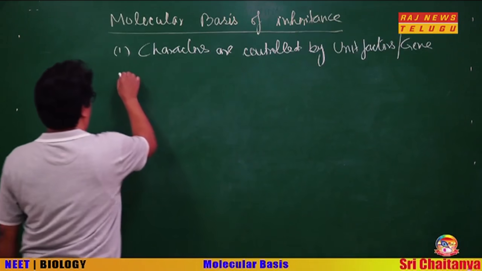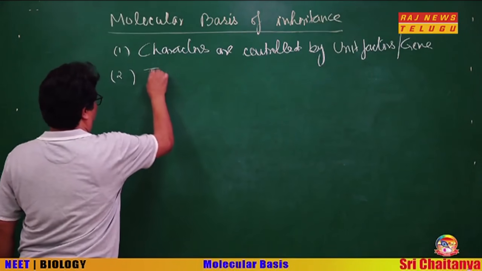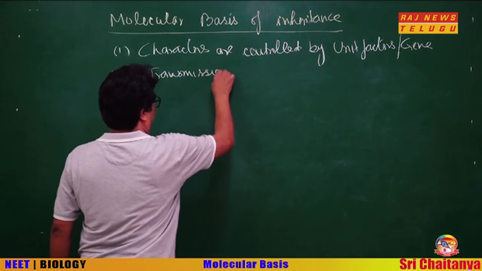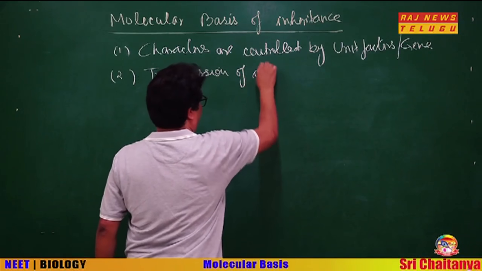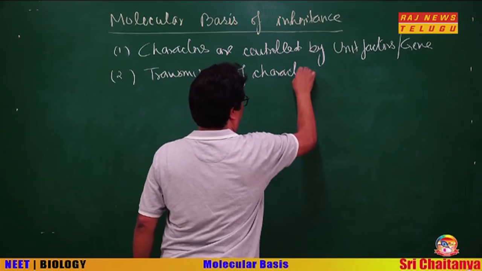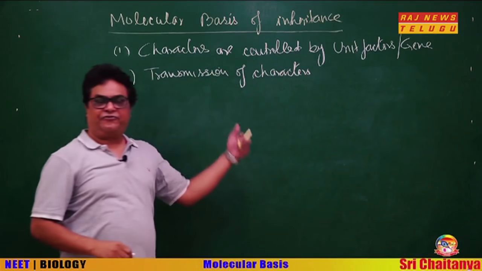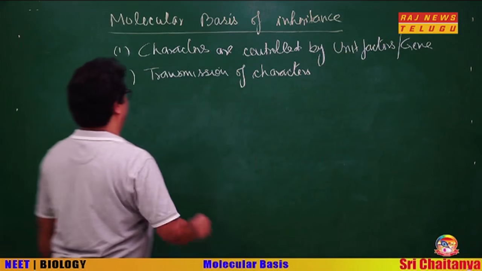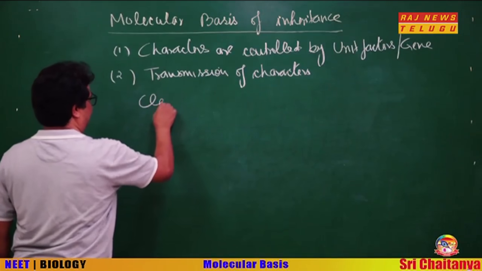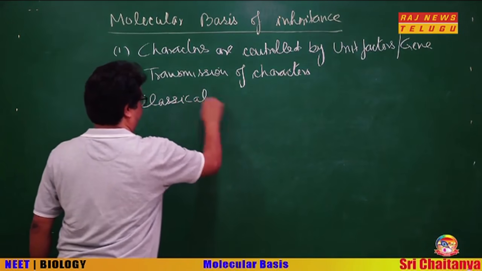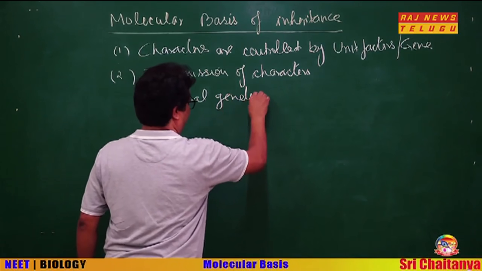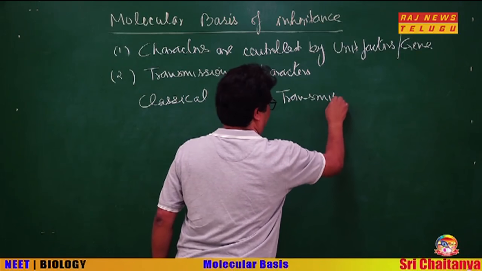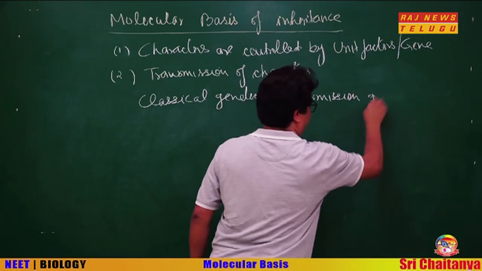And second thing, how transmission of characters takes place from one generation to the other generation. This type of study is called as classical genetics, or we also call it as transmission genetics.